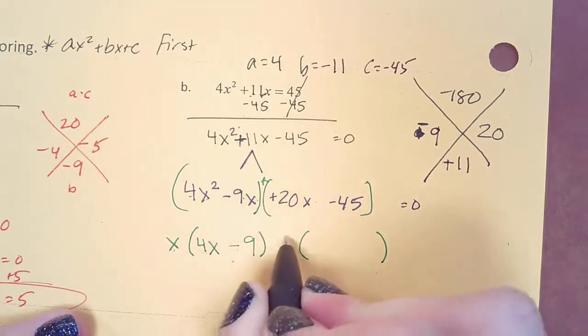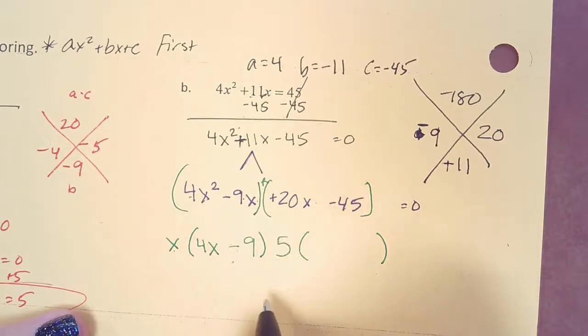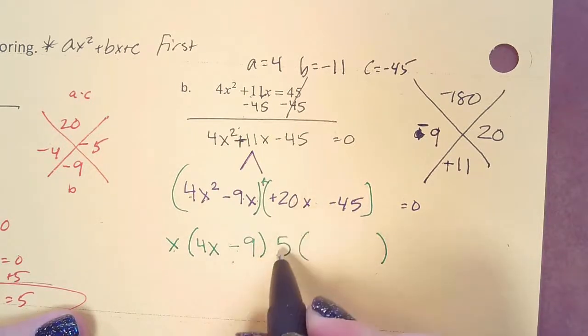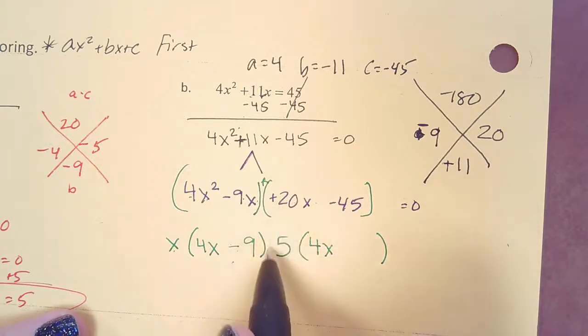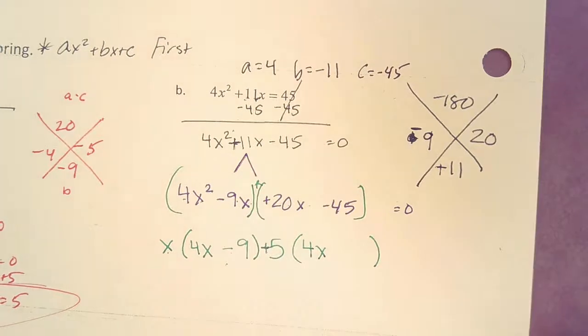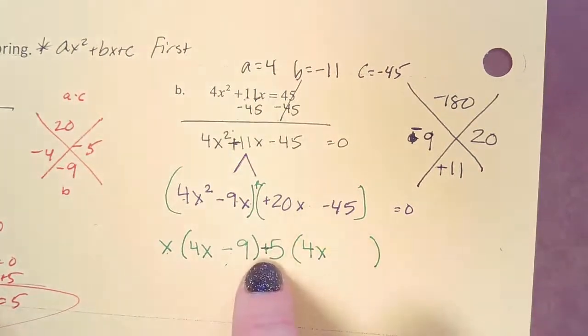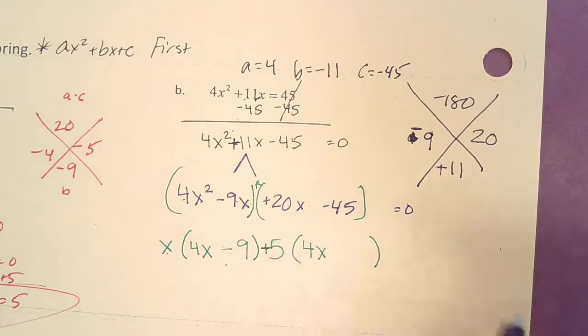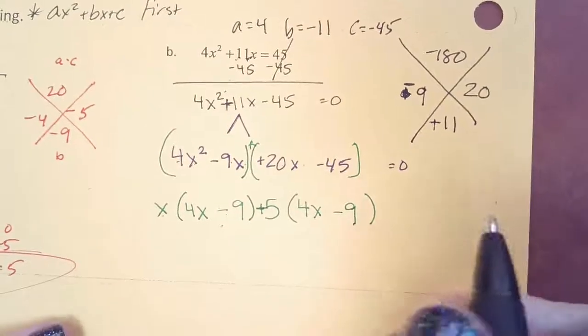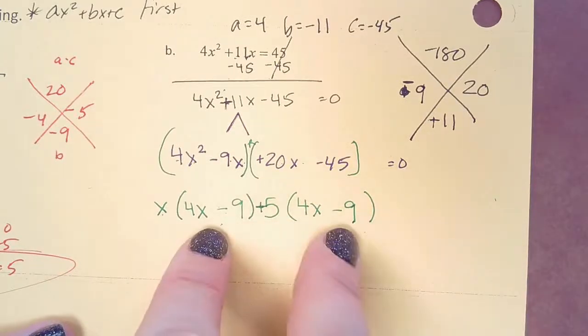Well, I divide by 5. 20 divided by positive 5 is positive 4x. If I needed it to flip its sign, I would just divide by a negative, but because I don't need to, it'll be positive 5 here. And always double check. Negative 45 divided by 5, negative 9. Don't assume it'll match.